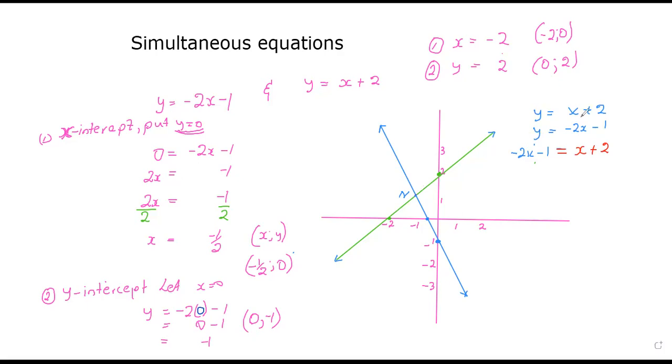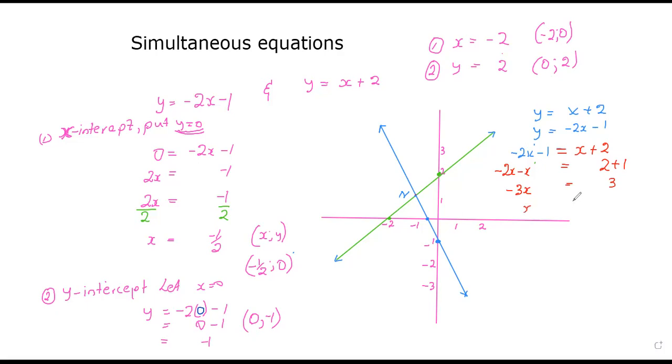I repeat, if the two functions are equal at point N, y equals y, it means this is equal to this. They're both y's. If we transpose the x to this side, we have negative 2x minus x is equal to 2, transpose 1, comes with a change of sign, plus 1. So minus 3x is equal to 3.